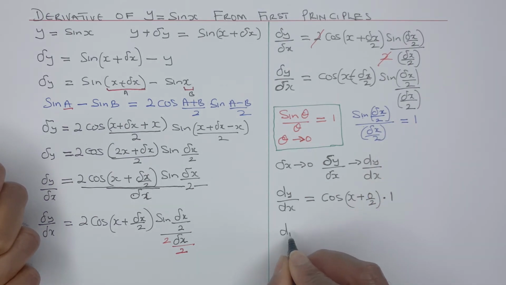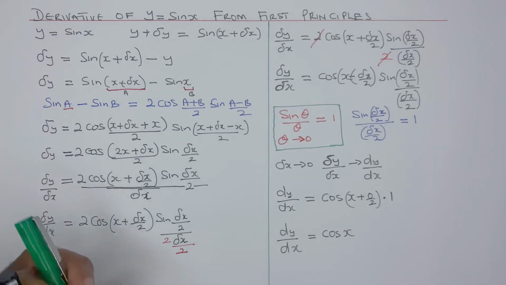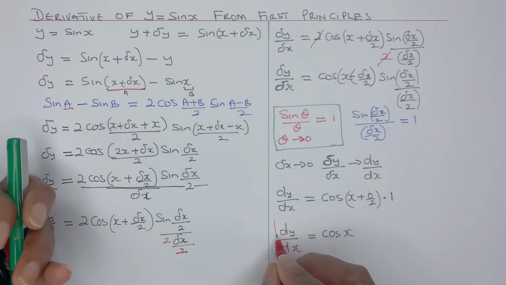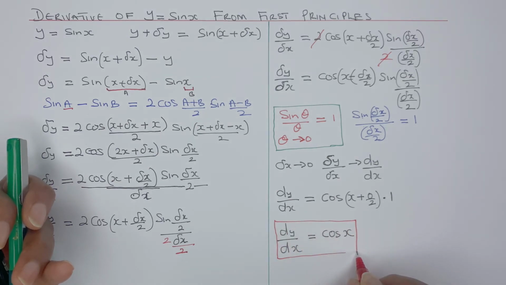Therefore, dy over dx equals cos of x. And that is the derivative of sine x. The derivative of sine x with respect to x is dy dx equals cos x.